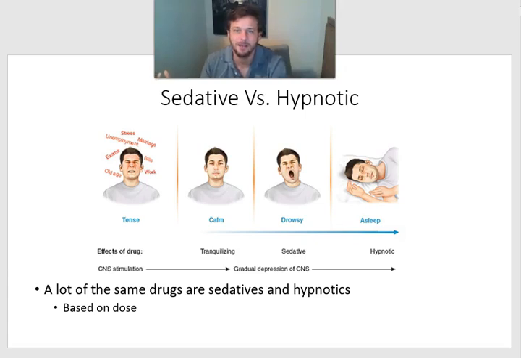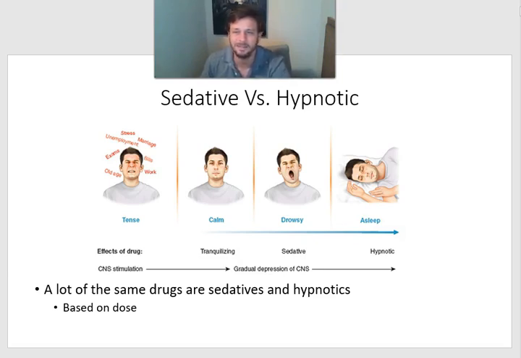So if somebody has recently undergone heart surgery or something, and you need to keep them calm throughout the day and make sure they don't get up and do anything crazy, you might give them a sedative, which keeps them in a drowsy, fatigued, relaxed kind of feeling. And then hypnotics are normally prescribed for people who have, like, insomnia.